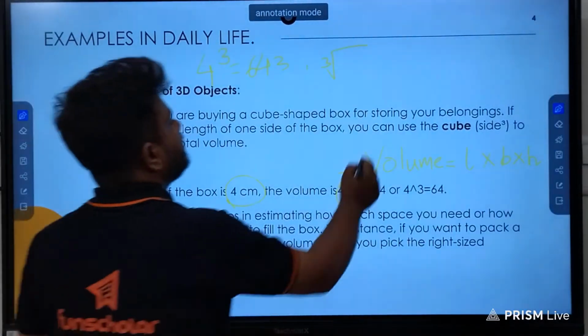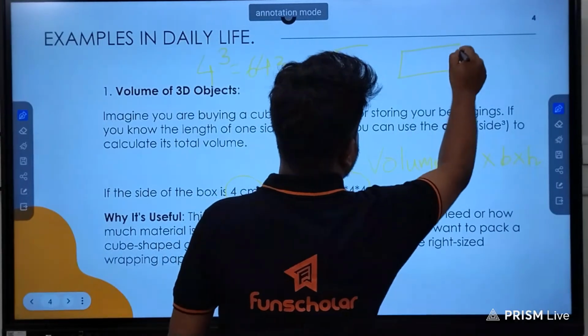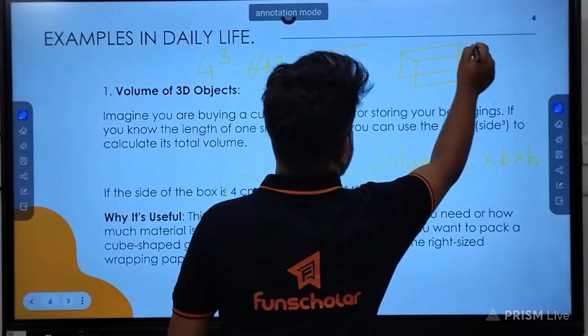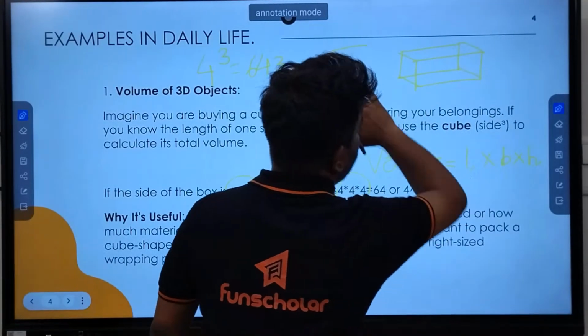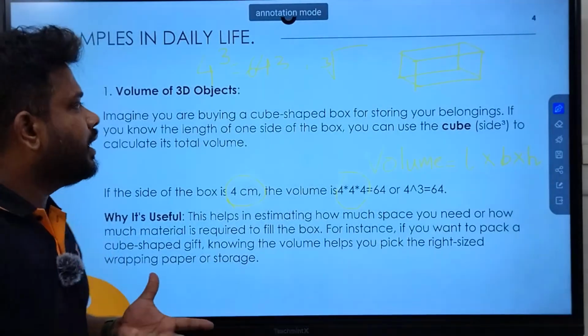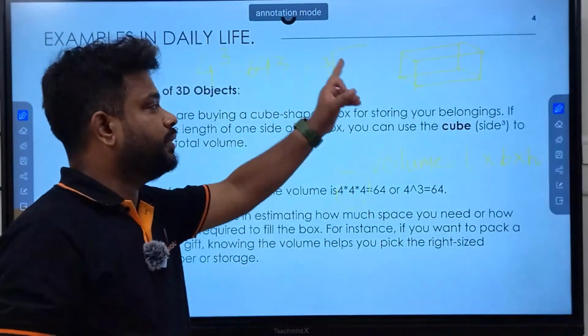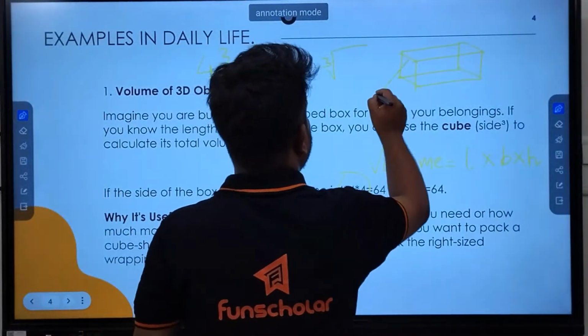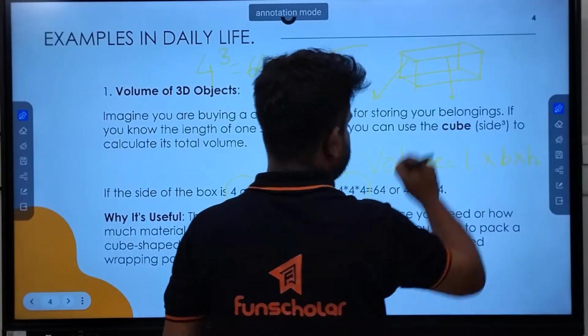So if this is a box and we have to wrap up the whole box with any wrapper or paper, then we need the volume of this box. How can you find the volume? You just have to find the length of this one.